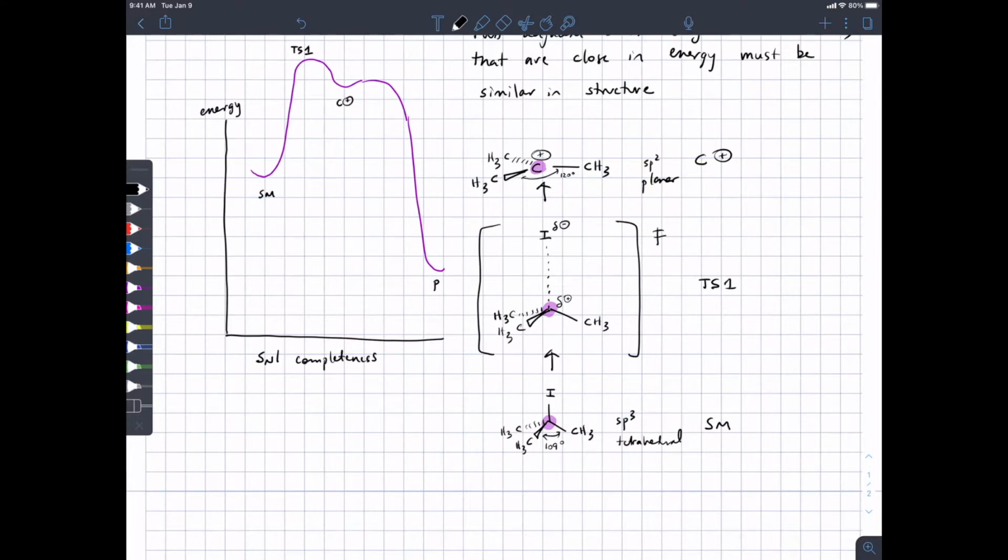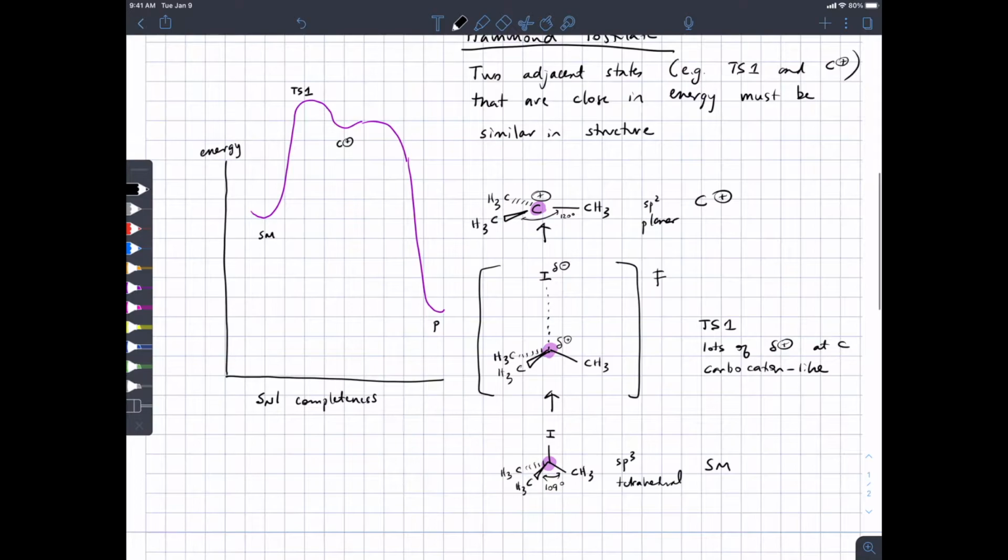Nevertheless, in the transition state, we still have a fair amount of positive charge at the carbon. And so we're going to say that the transition state is carbocation-like. Again, who cares? Well, now we've got something that we can actually think about because organic chemists know a fair amount about carbocations.